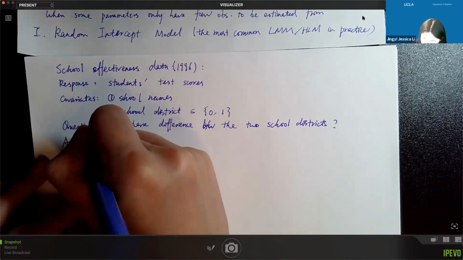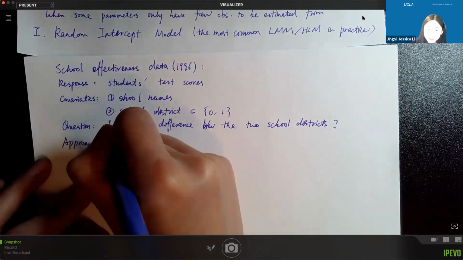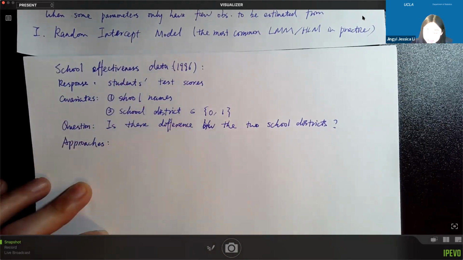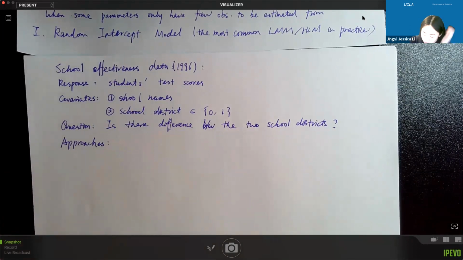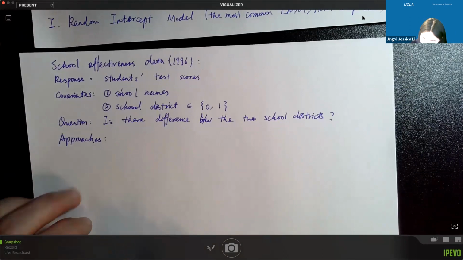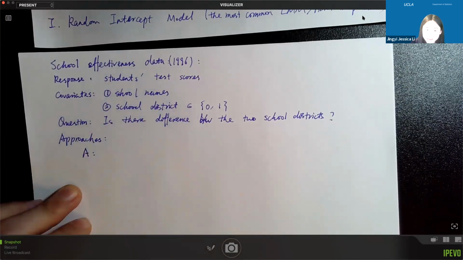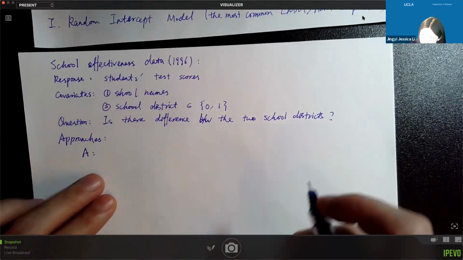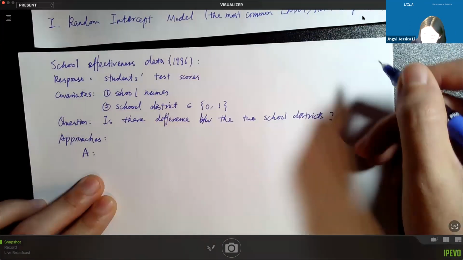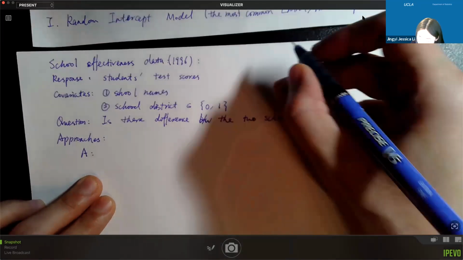So how do we approach this question? Let me give you some extremes and then you can take a look. So the first approach is approach A. I guess this is probably what some of you might use. So let me just give you some notation.